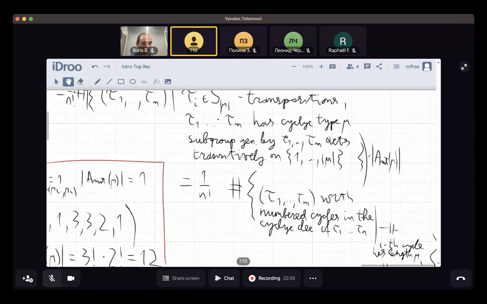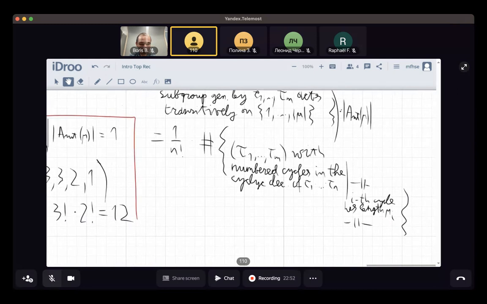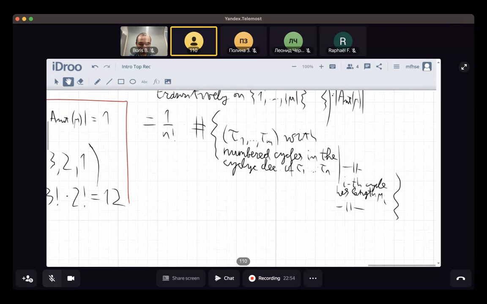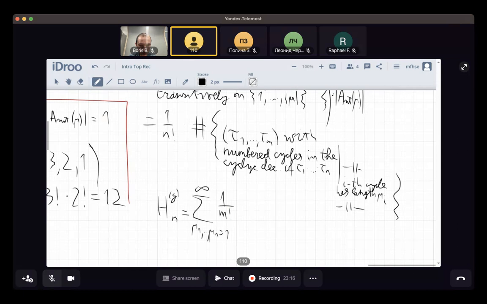Now, let me mention this briefly because we are already talking about this. So for simple Hurwitz numbers, the generating function H_{g,n} is the sum over mu_1 through mu_n from 1 to infinity of 1 over m factorial. M factorial is important here.